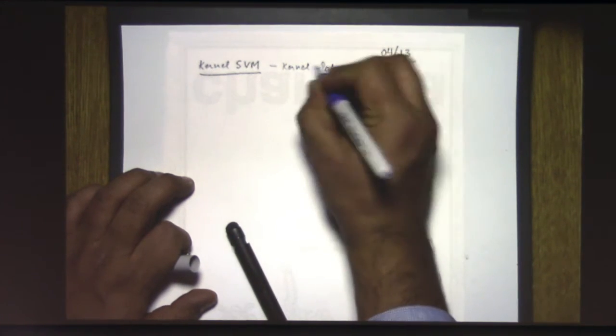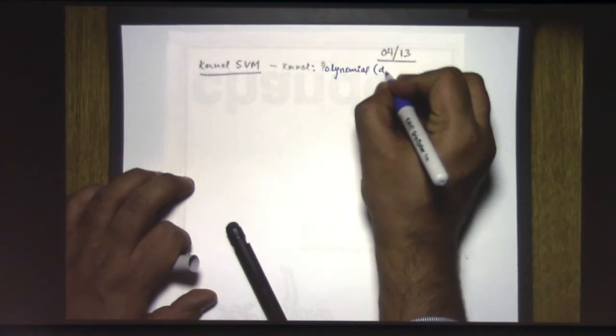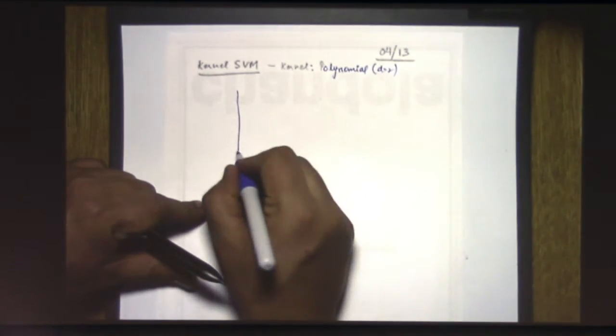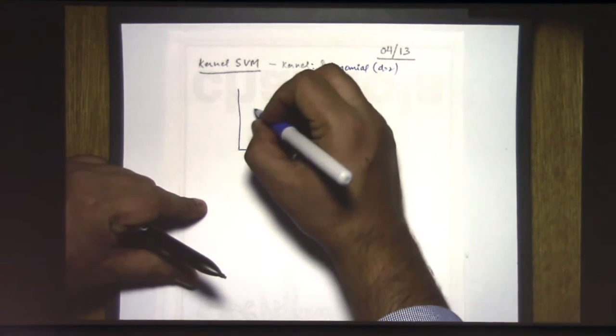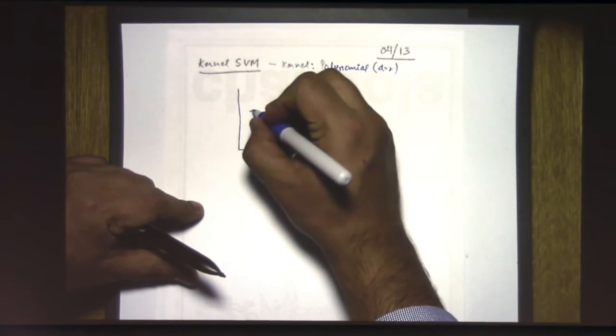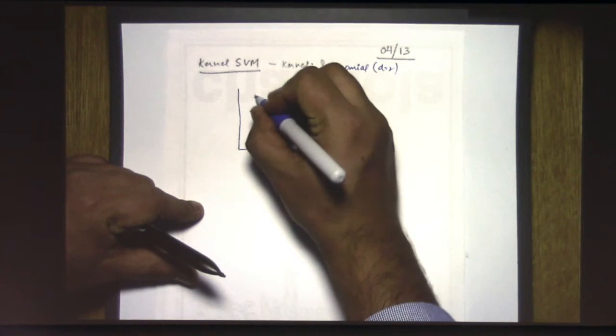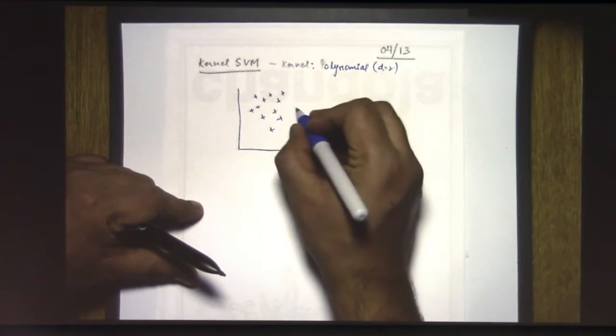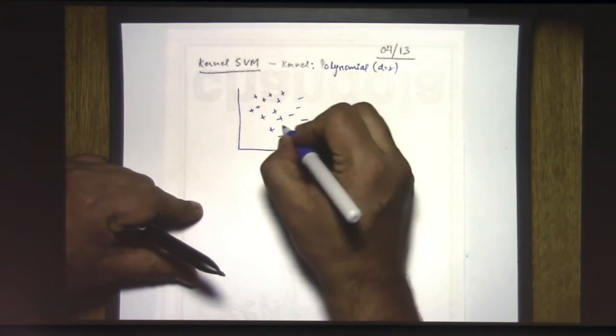Kernel is a polynomial, okay, of degree 2. Which means that you're trying to learn quadratic boundaries, right? So let us assume that our data looks like this. These are all my positive points over here, and these are all my negative points over here.